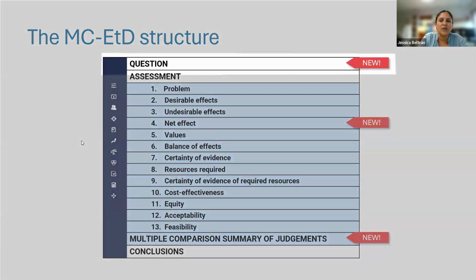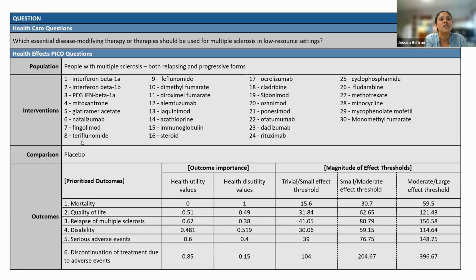So let's start with the questions section and briefly review the adaptations. Here, the central question is whether and which of the multiple interventions are preferred for a given health problem and population. The PICO components are described in this section: the population, interventions of interest, and comparators.